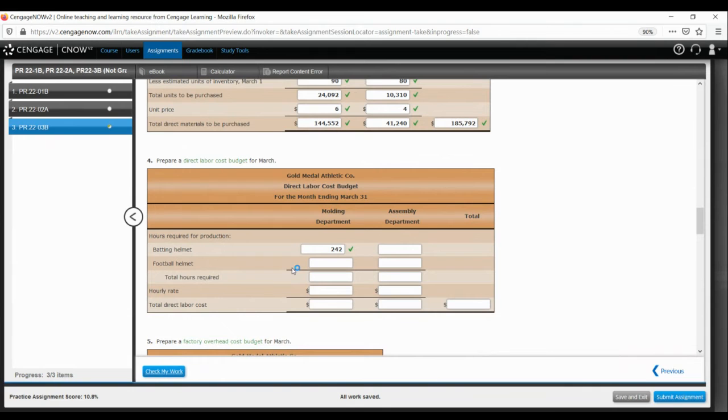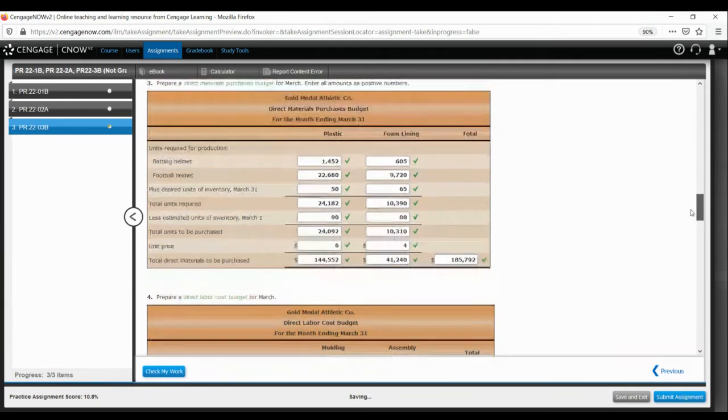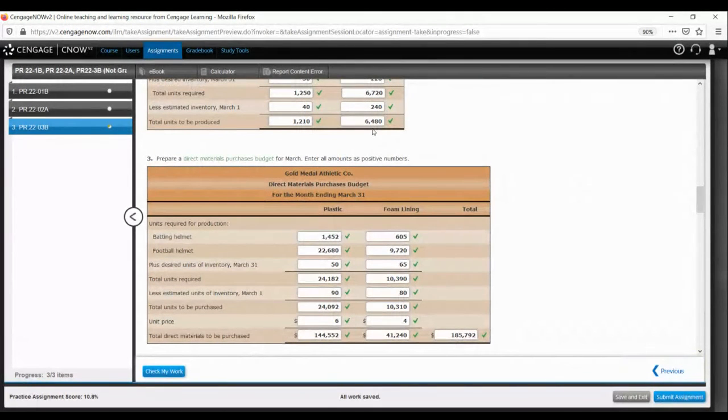It might be easier on this budget if we just go ahead and complete what happens in the molding department first. So I'm going to move to my football helmets. I'm going to look at the number of units that I am going to be producing, which is 6,480.